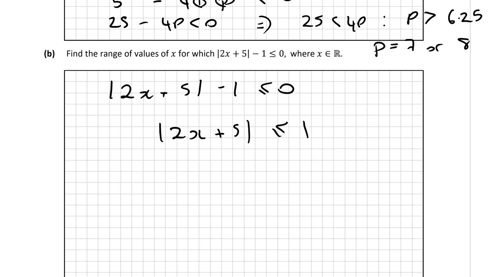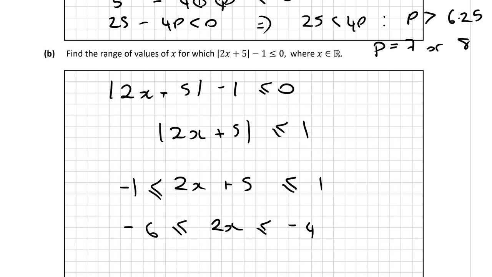What that means is 2x plus 5 is less than 1, and it's greater than minus 1. So all we have to do here is subtract 5 from both sides, 2x, and now we divide by 2.